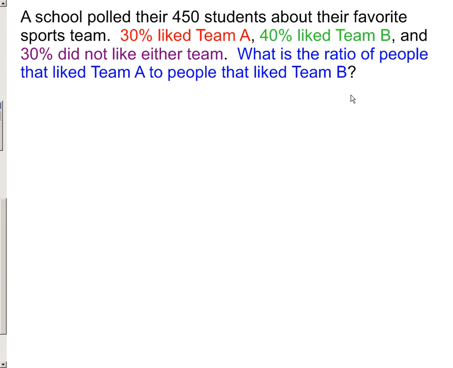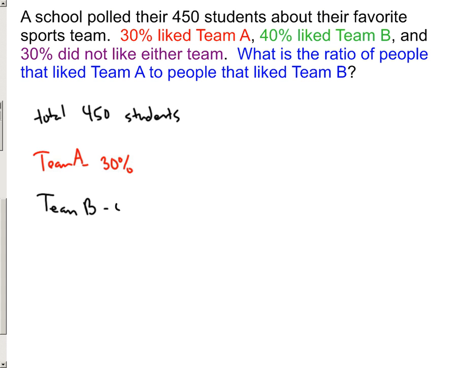So to get a good understanding of what's happening here, first off, they gave us nothing but percents as far as relation to Team A and Team B. They did tell us how many total students we have, so let's write that down. Total, 450 students. Okay. I also know that Team A, 30% of these 450 students liked Team A. I also know that Team B, 40% liked them.